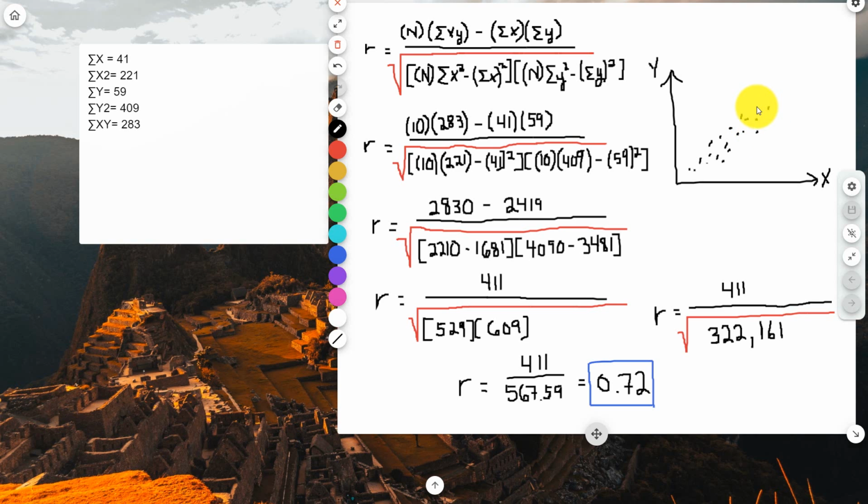I'm not doing the best job here making it look like data points, but you get the idea, I think, how this probably looks. So 0.72 looks something like this. Not a perfect straight line, but a little wider. You still really get the idea. As the x value is rising, so is the y value.